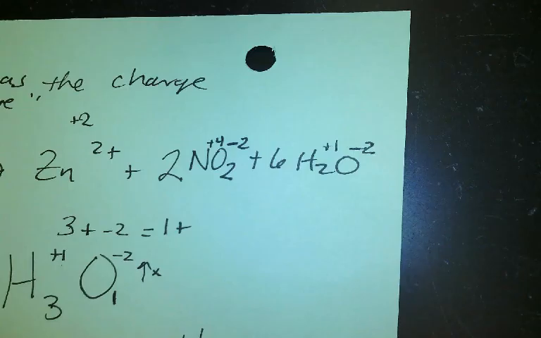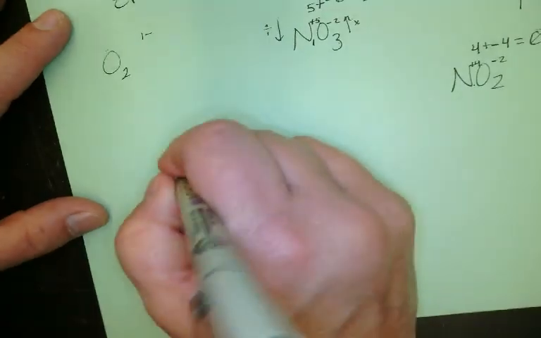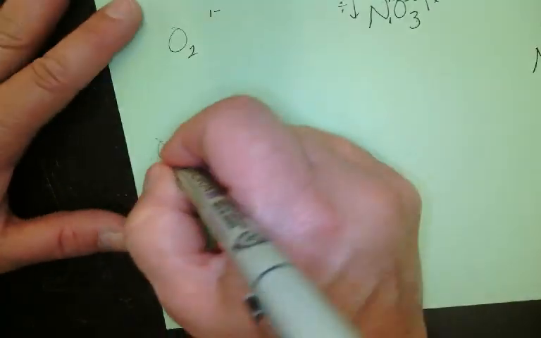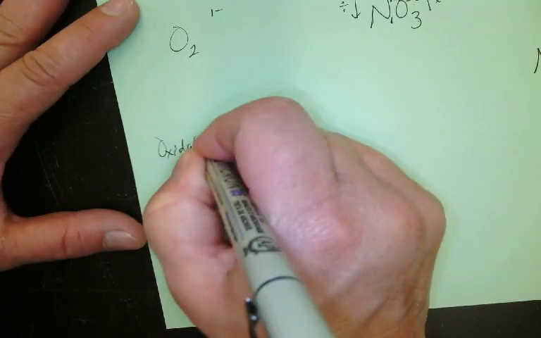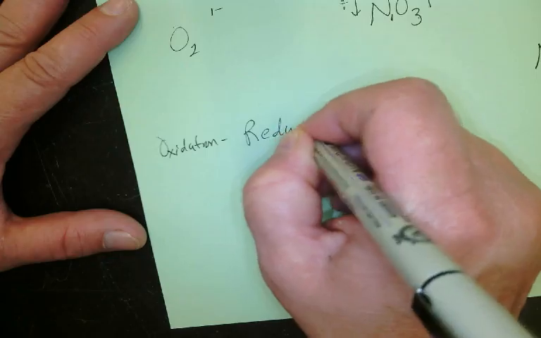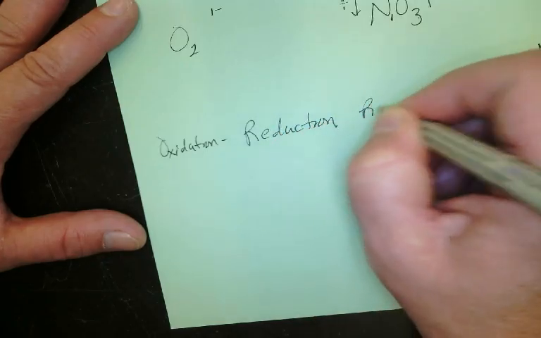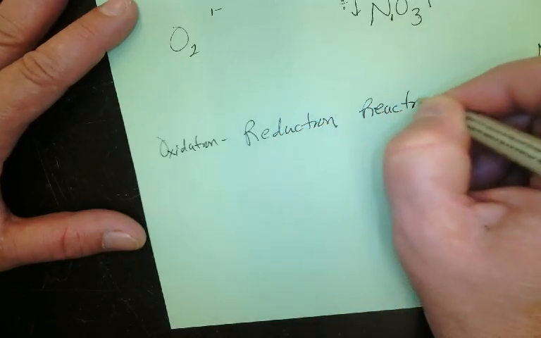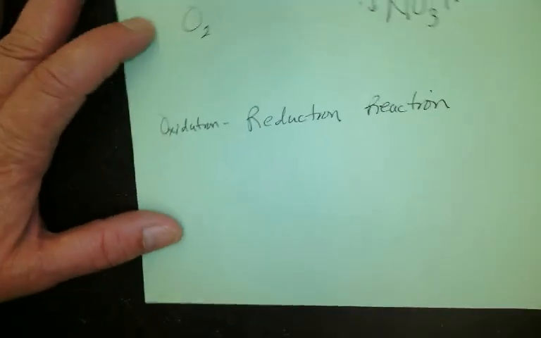You found the oxidation numbers. Now I'm going to teach you what an oxidation reduction reaction is. So here's the cool part. So this is what an oxidation reduction reaction is. Oxidation reduction reaction. Okay, now I'm going to do some abbreviating.